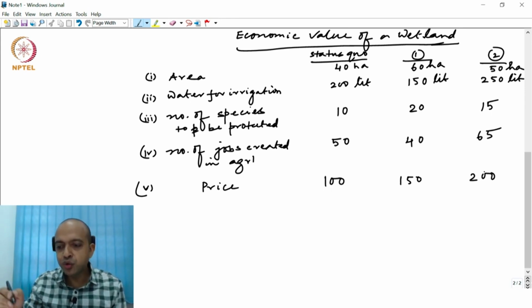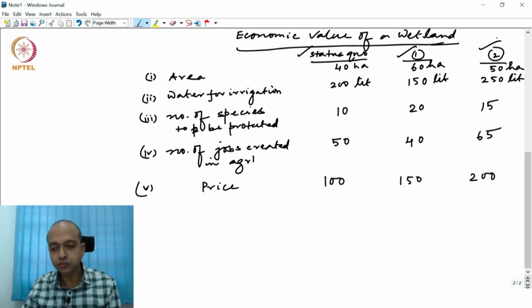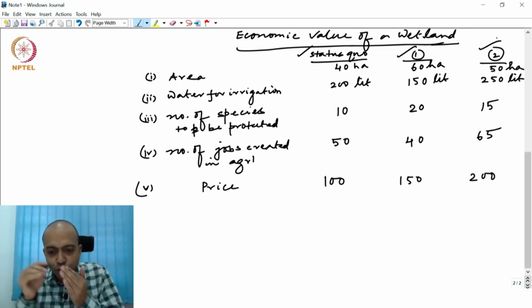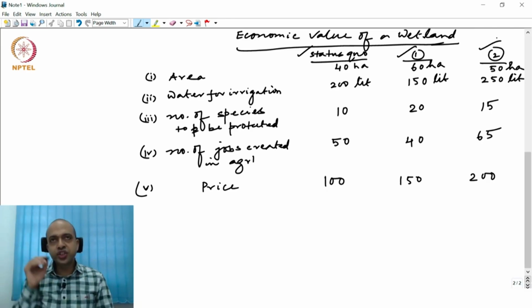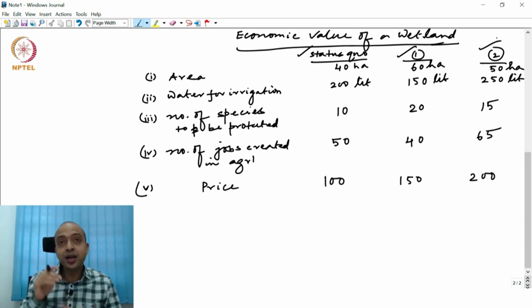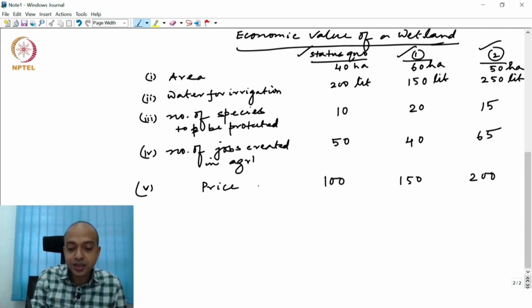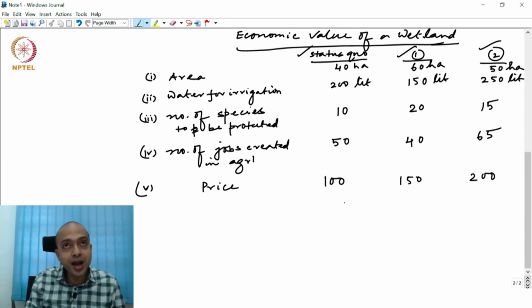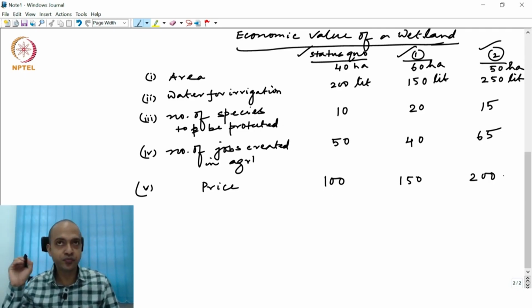So that means here we have created three scenarios. First scenario is the status quo, then scenario 1 and scenario 2. Now we are asking the respondents to select one of these scenarios. As compared to the contingent valuation method, here we are not asking the respondents what their willingness to pay is. Rather, the willingness to pay or the price is already attached with each of these scenarios. Here it is 100, here it is 150, here it is 200.